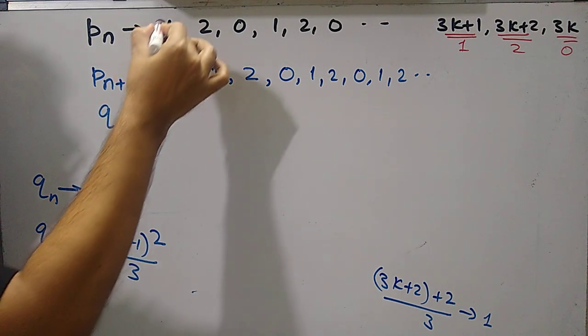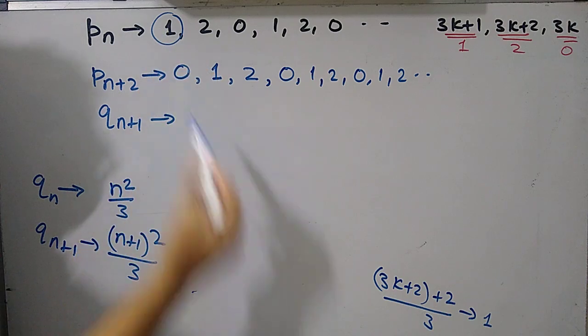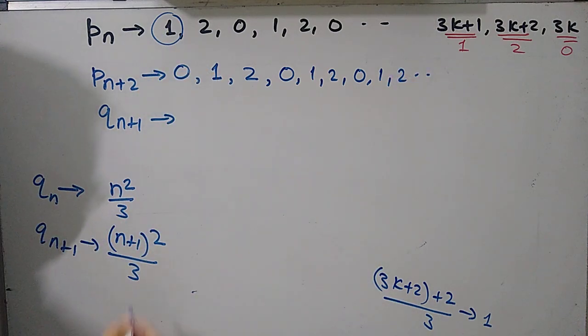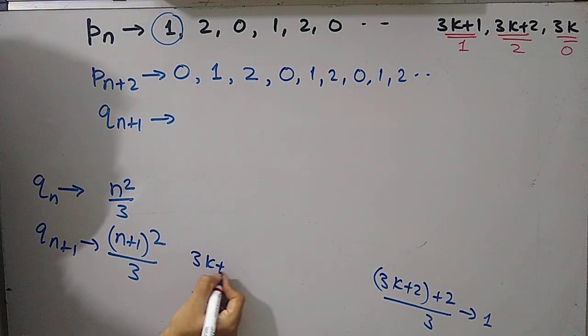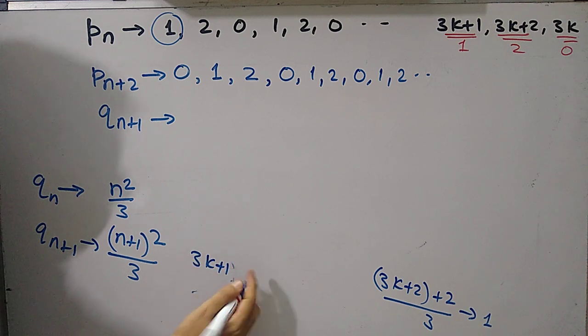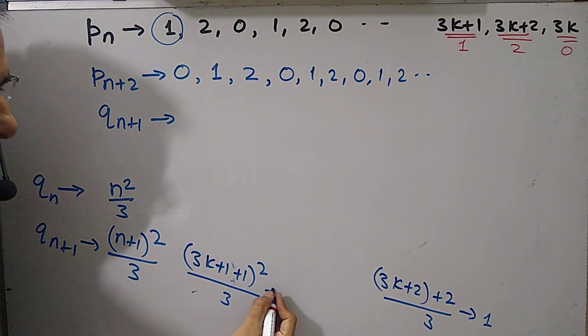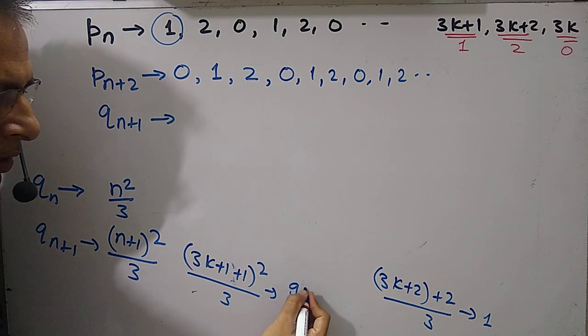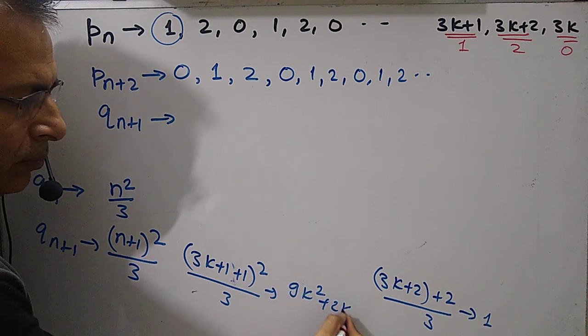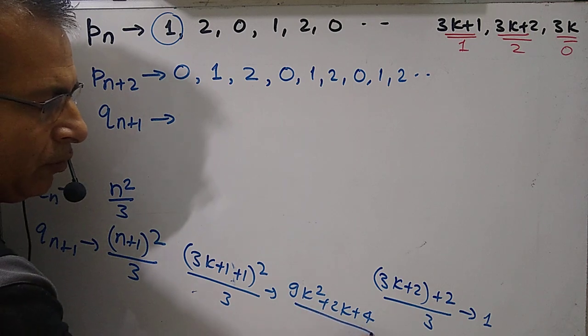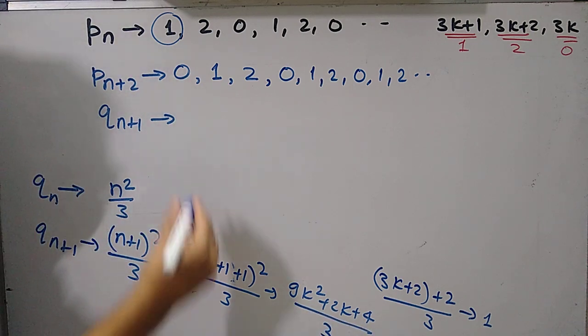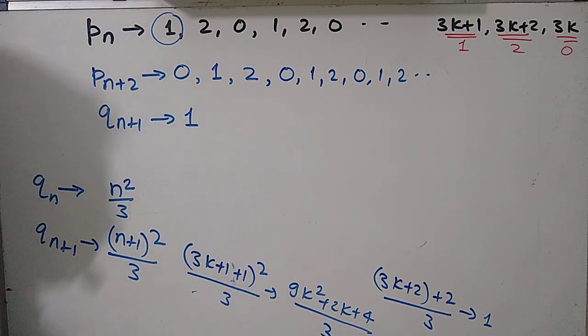Now, we are getting Pn with respect to 3k plus 1. So now we put 3k plus 1 whole square divided by 3, and it is 9k square plus 12k plus 4 whole divided by 3, and this is giving remainder 1.